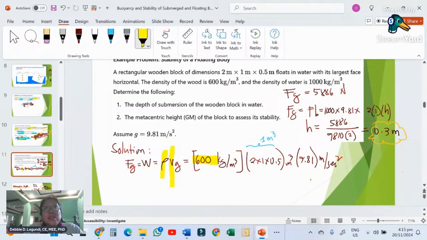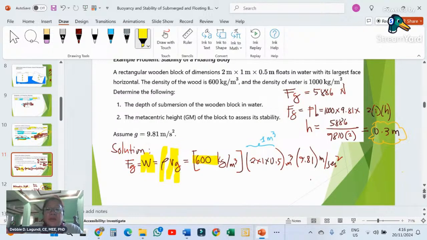Well, let me just do it again. Okay, so you have the rho, 600. You have the volume of the body, because this is about the weight. And then you have the g, which is 9.81.